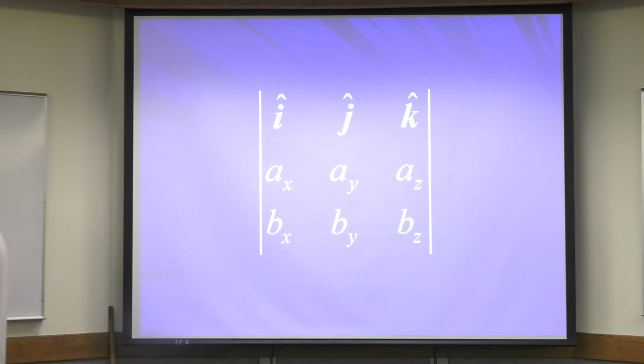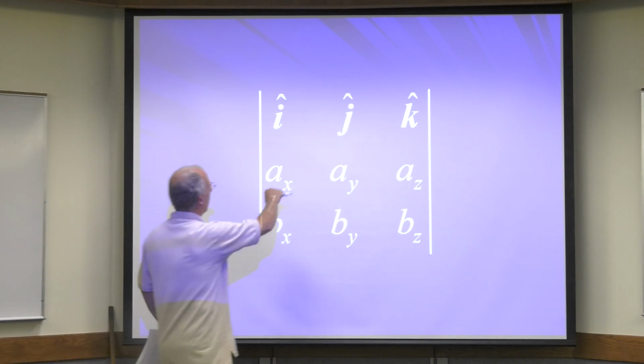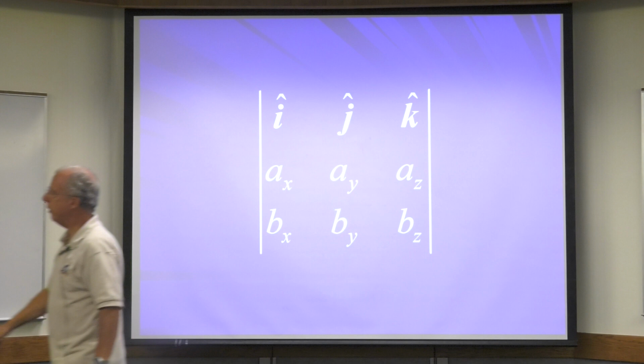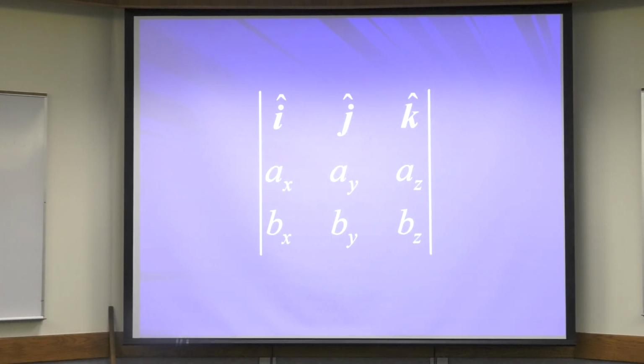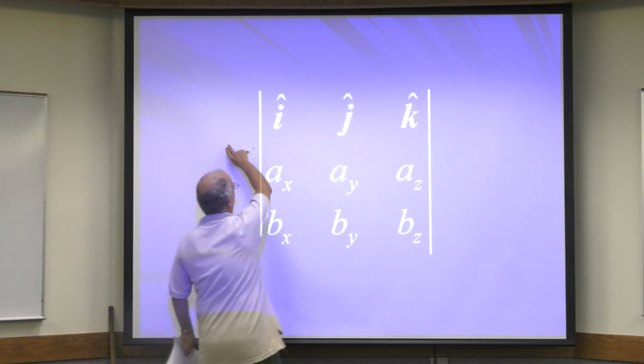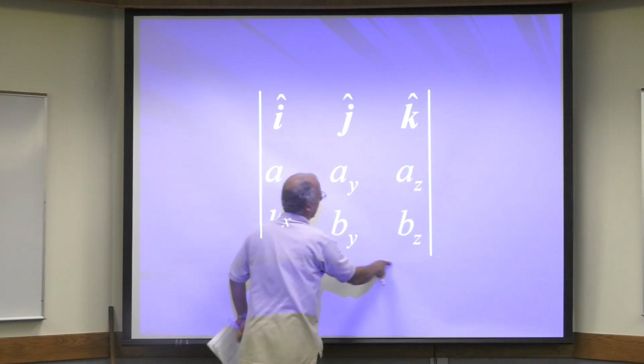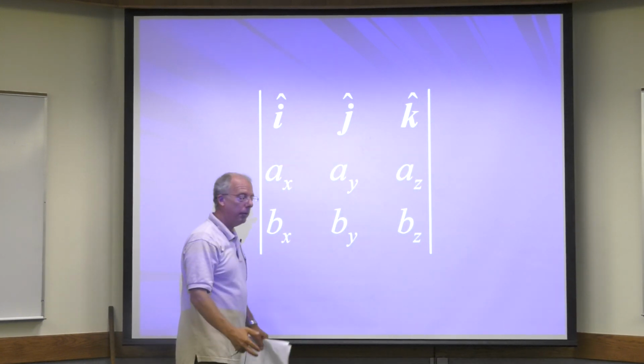So this is just one way. I mean, there's other ways of doing it, but this is one way. So I'm going to show you how to evaluate this determinant in case you've forgotten. Okay, so here's how you do it. I'm going to go along this way. You don't have to, but that's what I'm going to do. So you write down the I. All right, and then you cross this out in your head, then you have just this left. And this is a 2 by 2 determinant, and hopefully you remember how to do that.